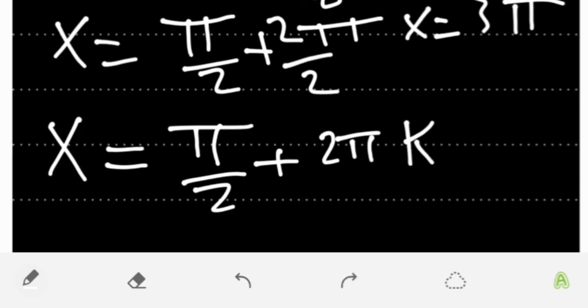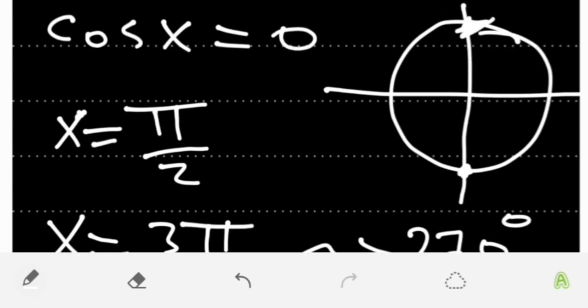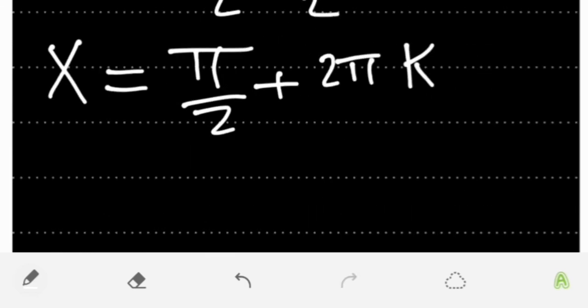But we don't want a full loop, we want half a loop. Why? Because here and here are both answers. So this is our answer, okay? But we are only looking for the first loop. This won't change anything in the question, but I think it's important to remember.